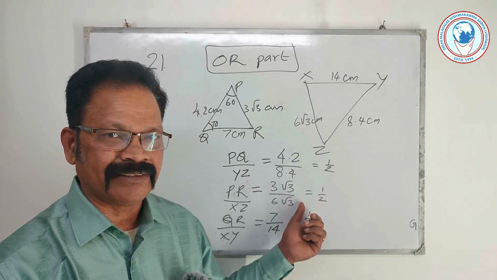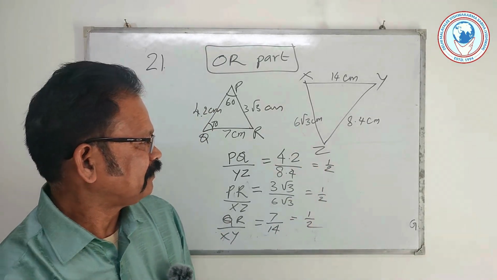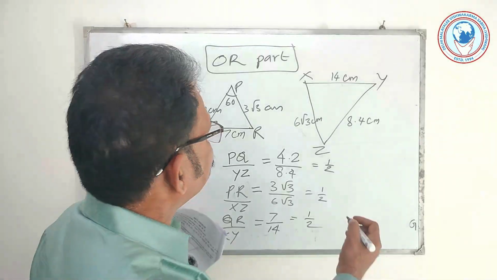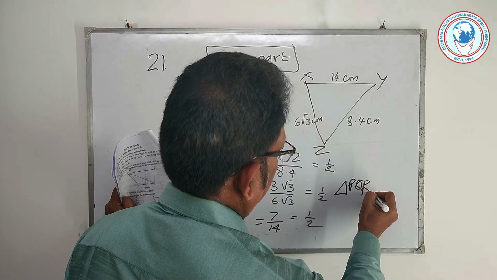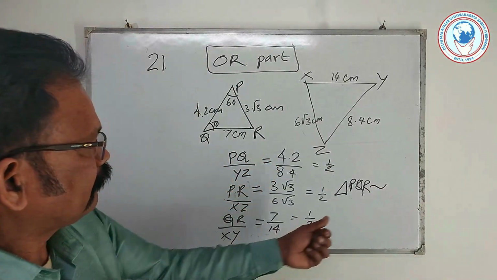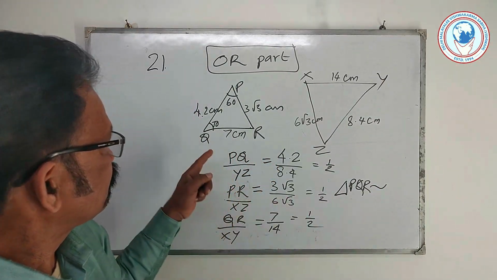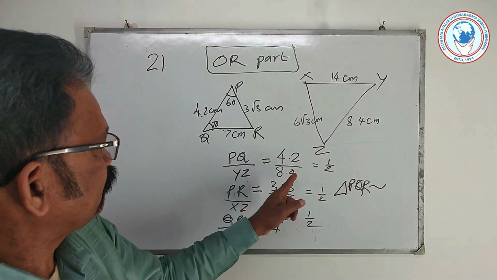Therefore, by SSS similarity, we get, here first we take PQ, that means 4.2, then 8.4.